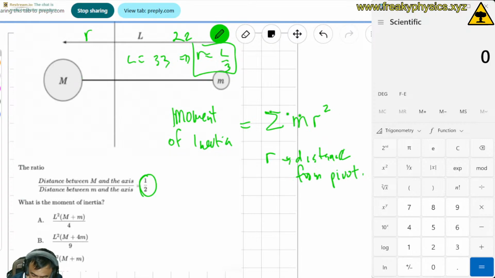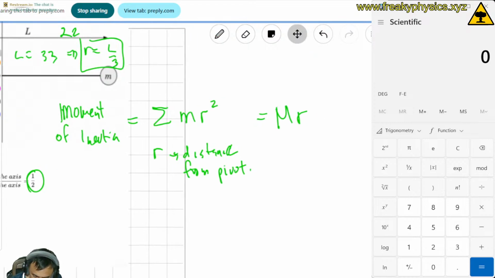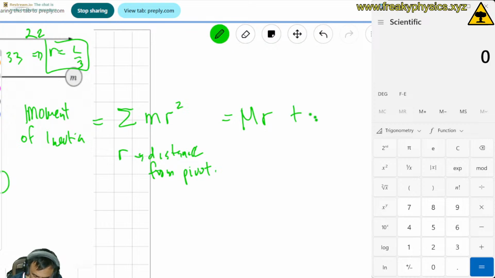So we're going to put that into the definition. That's going to be equal to big M times R plus small m times 2R. But we're going to change the R now into L. So that's going to be big M times L over 3 plus small m times 2L over 3.